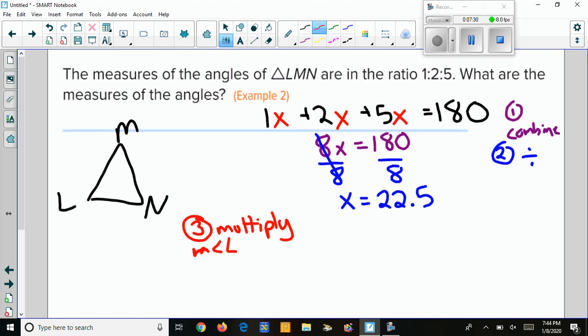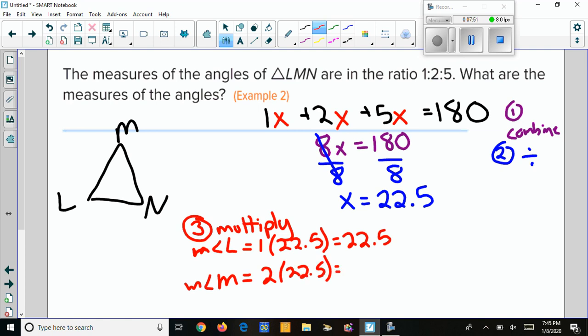I'm going to say it's the 1 times the 22.5. So 22.5. Angle M, I'm going to make that one the 2 times the 22.5. That is 45.